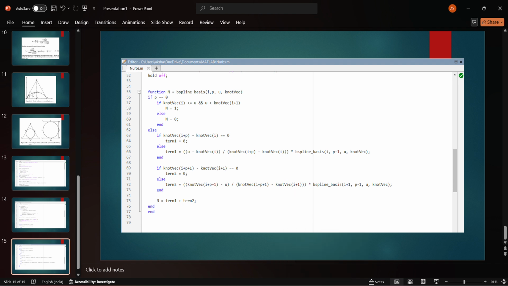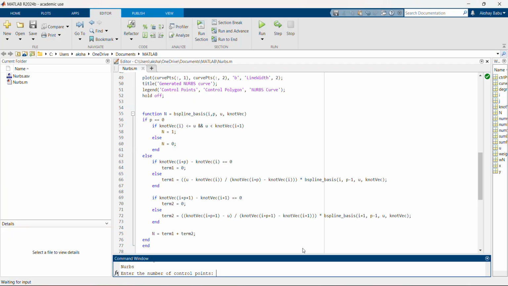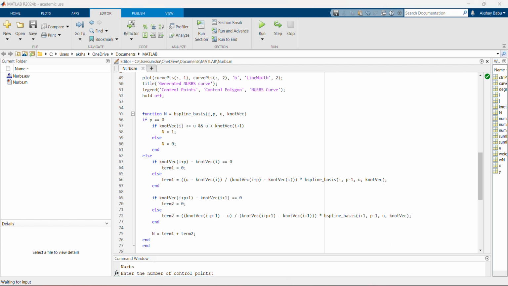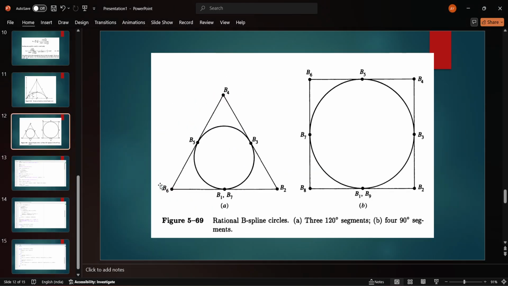We can go to the NURBS. Here we can enter, suppose we'll recreate this figure, a 120 degree segment.